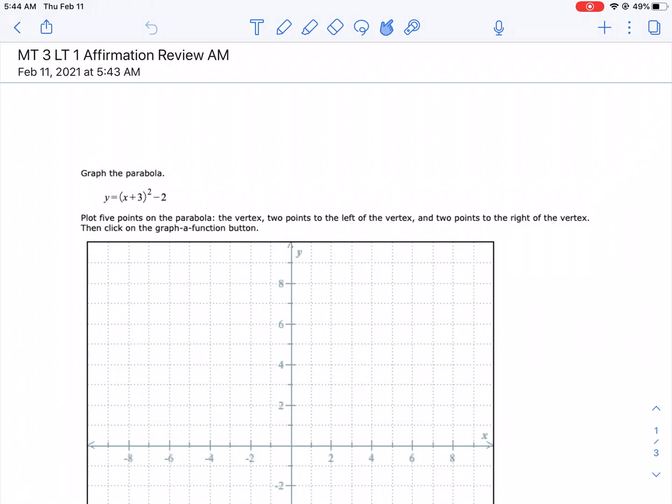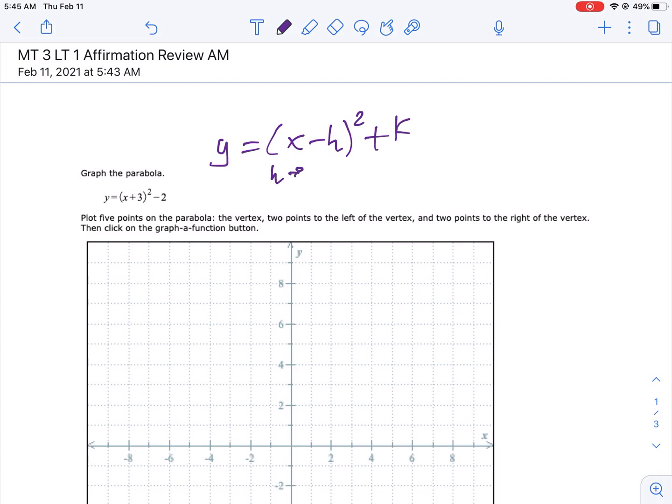Hello, let's review your MT3 LT1 affirmation. When you have a parabola, it is in the form of vertex form. It's y equals x minus h, the quantity squared, plus k.